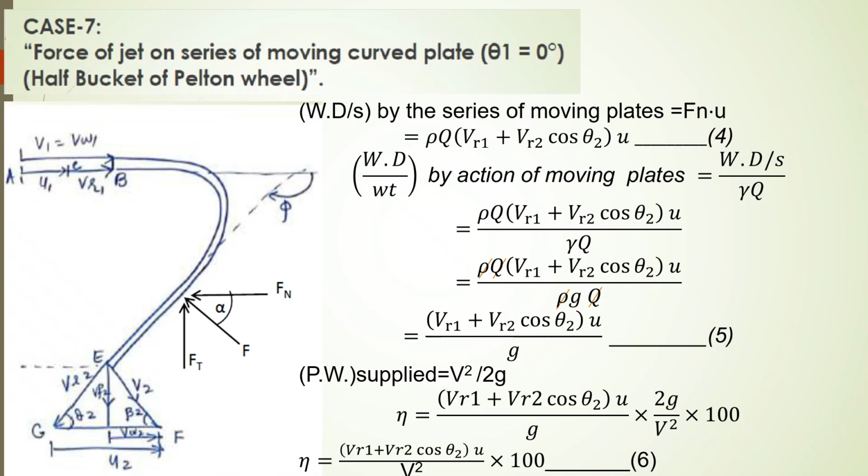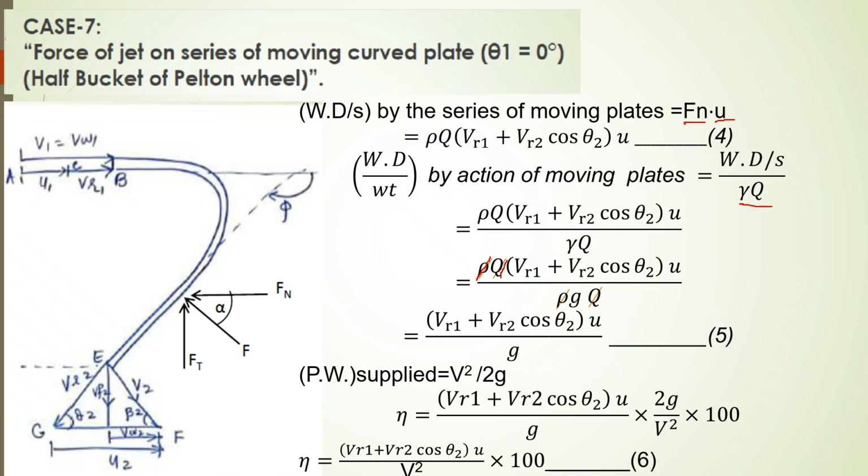Now the work done by the series of moving plates. You have Fn right now with you. You can multiply it with the velocity of the bucket, giving rho q (VR1 plus VR2 cos of theta 2) multiplied by u. So you know the derivation for the work done, that is work done per unit weight by dividing it with gamma q. You can simplify your relations by cancelling out the similar terms.